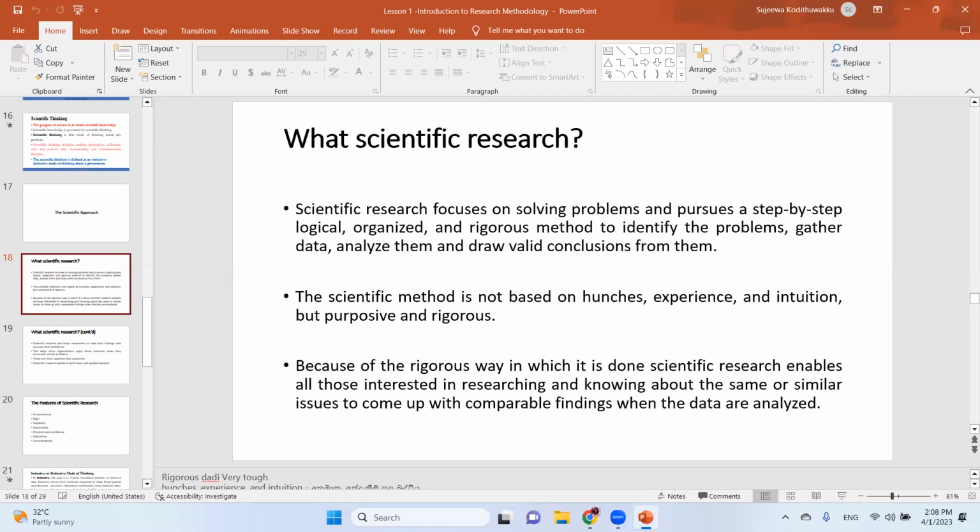The scientific method is not based on experience and intuitions, but is purposive and rigorous. Right? Here I will explain the meaning.